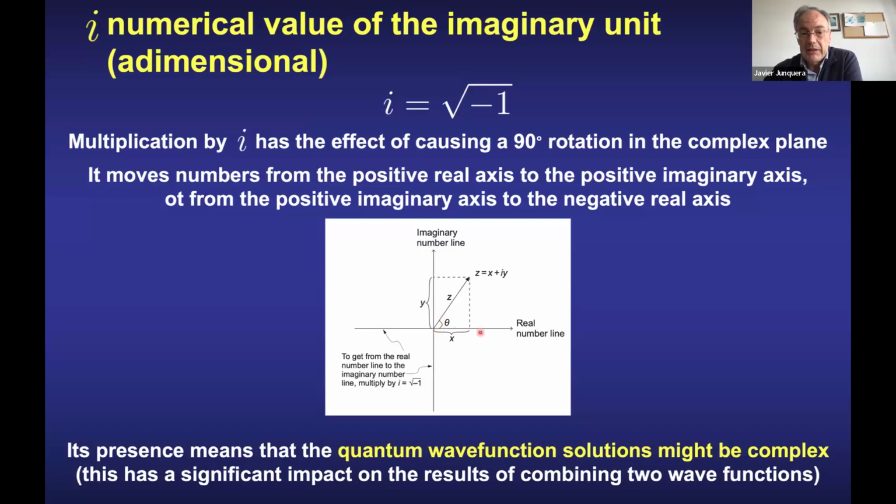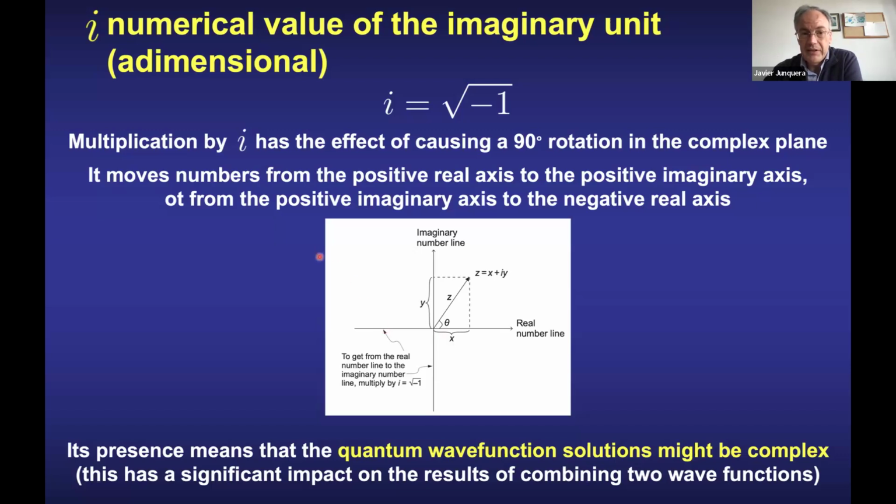So if you have the complex plane, where the real component is represented on the x-axis and the imaginary component on the y-axis, the multiplication by i produces, for instance, a movement from the positive real axis to the positive imaginary axis, or from the positive imaginary axis to the negative real axis.